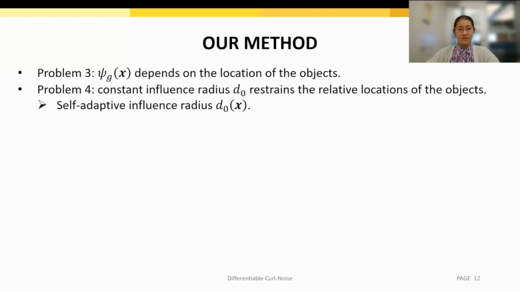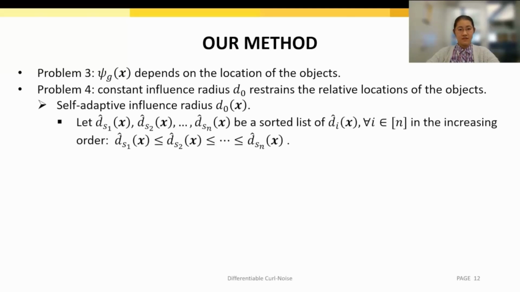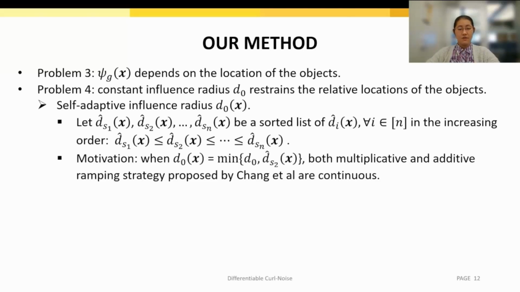First, we introduce another set of notation. Let d hat s1 of x, d hat s2 of x, all the way to d hat sn of x be a sorted list of the LSE distance function in increasing order. Our motivation is that when the influence radius function equals the smallest value between the previous constant influence radius and the second smallest LSE distance, both the multiplicative and the additive ramping strategy proposed by Chang et al. become continuous.